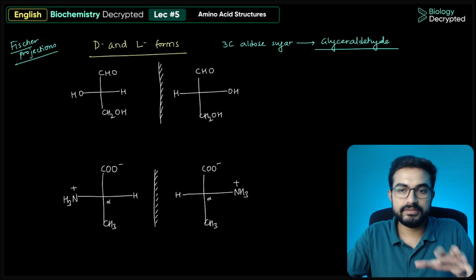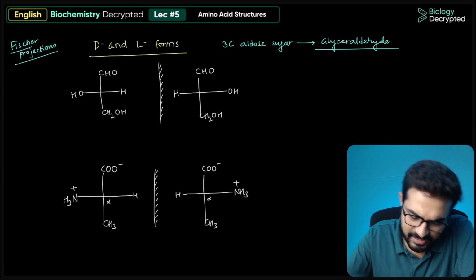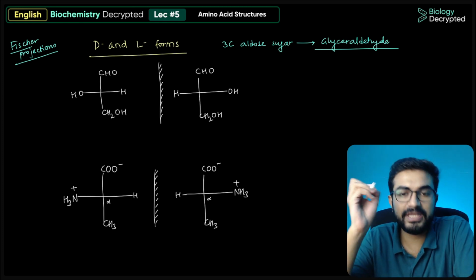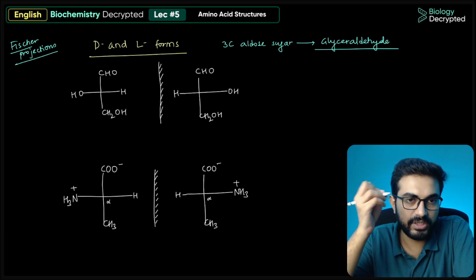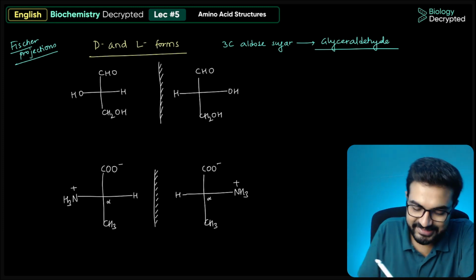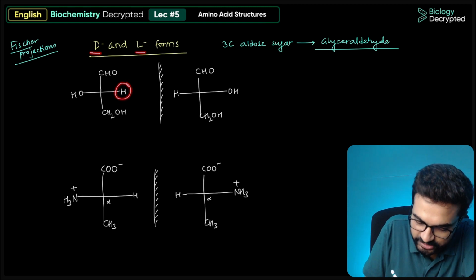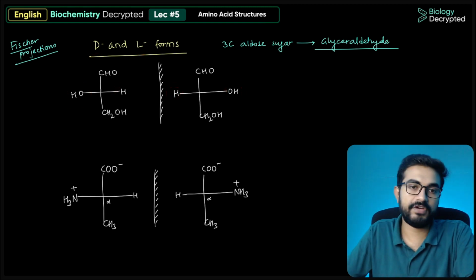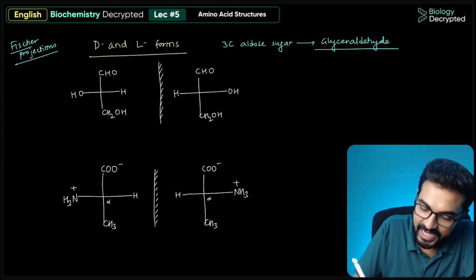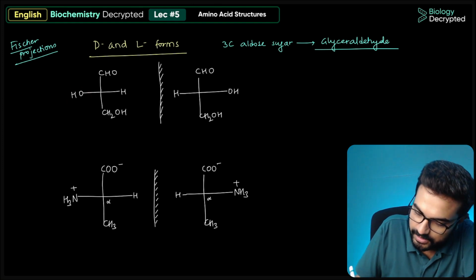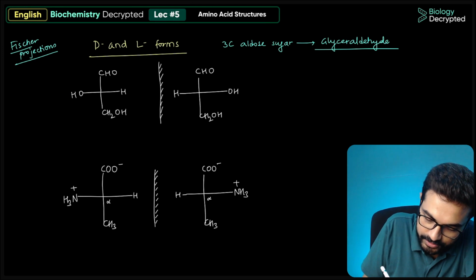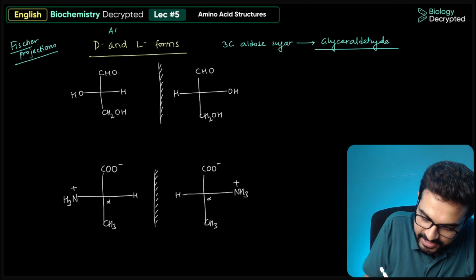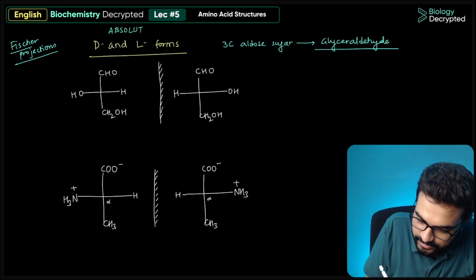This is very important to note: this has nothing to do with the optical activity. Optical activity is denoted by small d and small l. This is capital D and capital L, and this talks about the absolute configuration and not about the optical activity of different compounds. So whenever we talk about D and L forms, we are representing the absolute configuration.